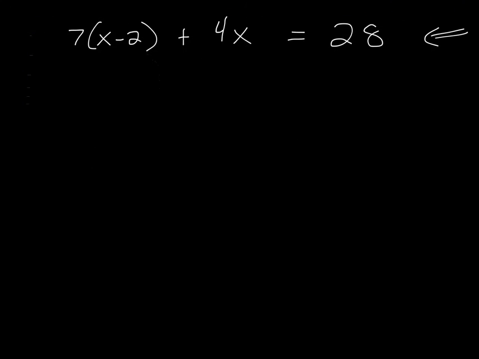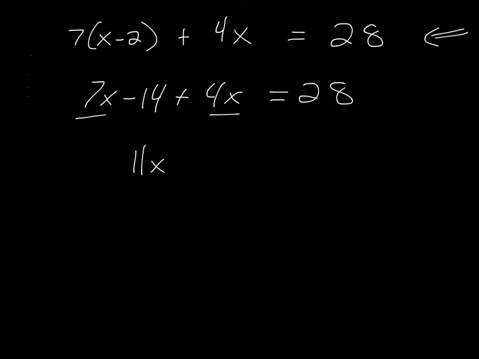Now we simply solve the remaining equation, which in this case ends up being pretty straightforward. Distribute the 7 to the x minus 2 to get 7x minus 14 plus 4x equals 28. Combine the like terms 7x and 4x to get 11x minus 14 equals 28.